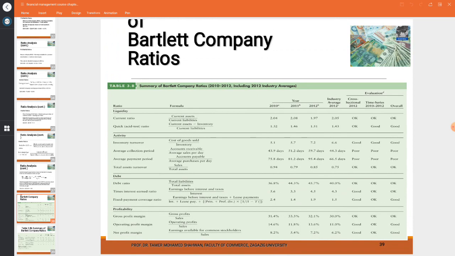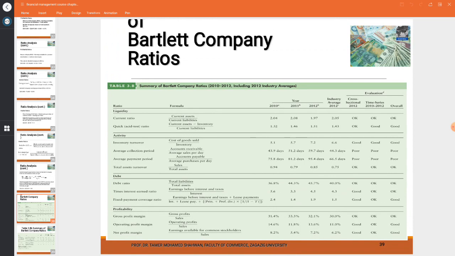Either I'm using cross-section analysis, or I'm using time series analysis. Using a hybrid combination, a mix of cross-section analysis and time series analysis, will give you a good hint about how the performance of this firm is.